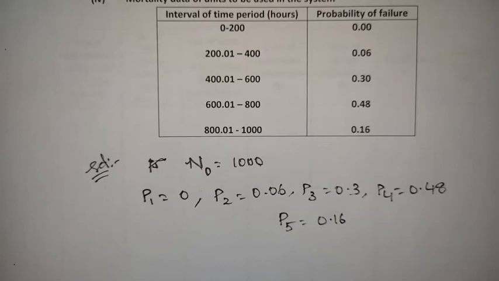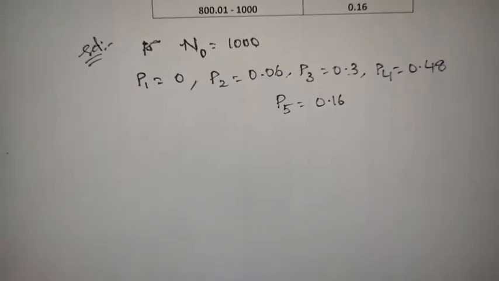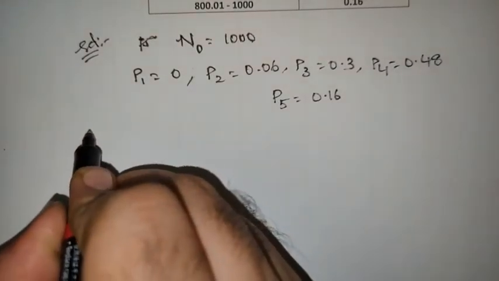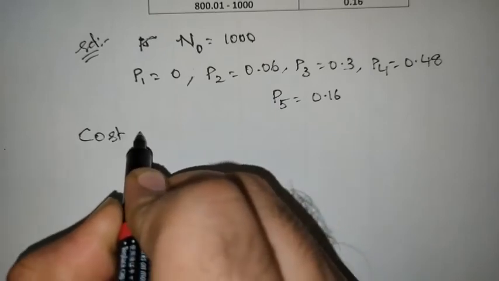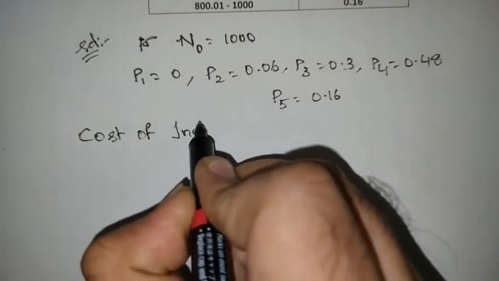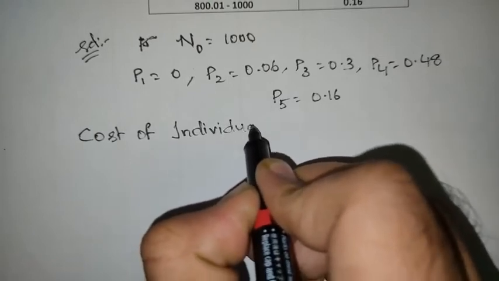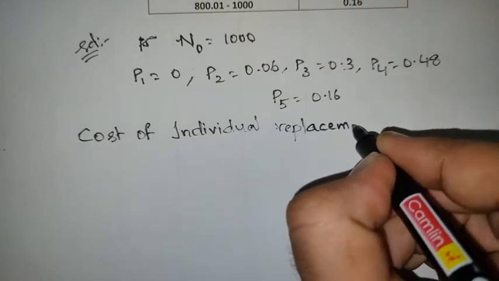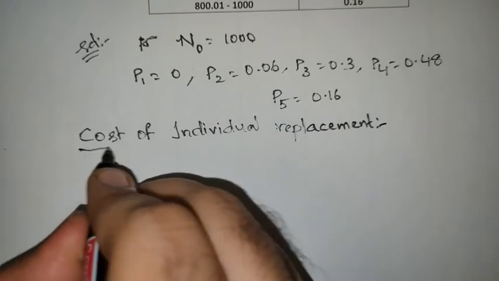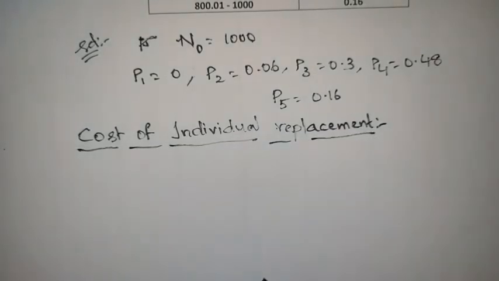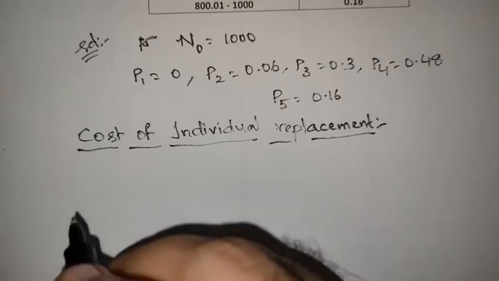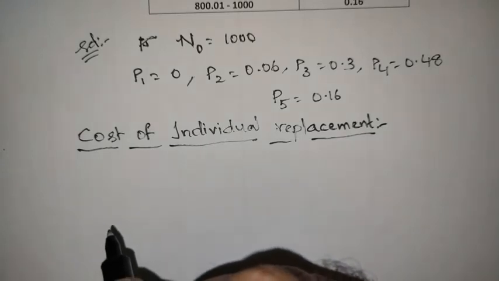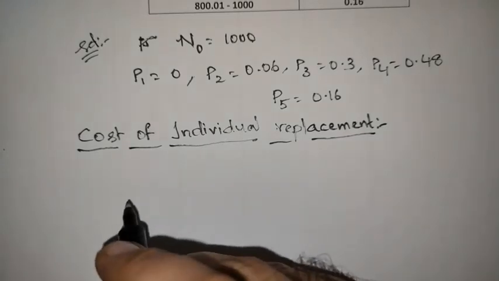Right. Now what is the next thing we need to find? The cost of individual replacement. So how do we find the cost of individual replacement? It equals the total number of items divided by the expected life of each item, multiplied by the cost of individual replacement.